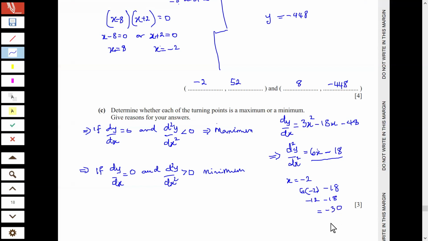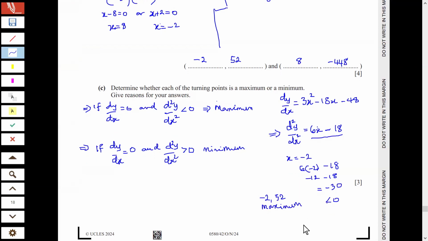Of course, -30 is less than 0, and because of that, we say -2 and 52 will be considered as a maximum point.